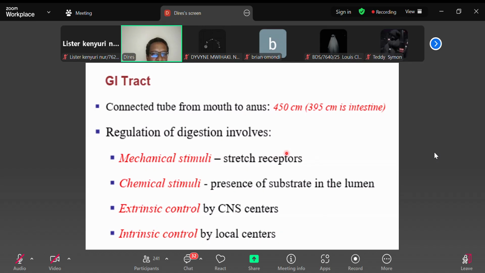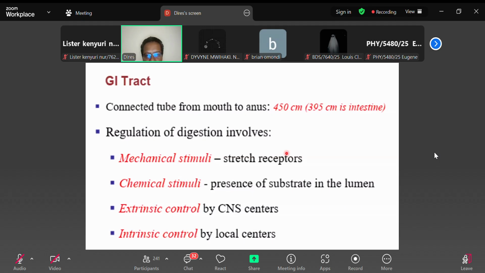If you read any physiology book, there is a statement that goes like this: the gut has its own mini brain called ENS, the enteric nervous system.